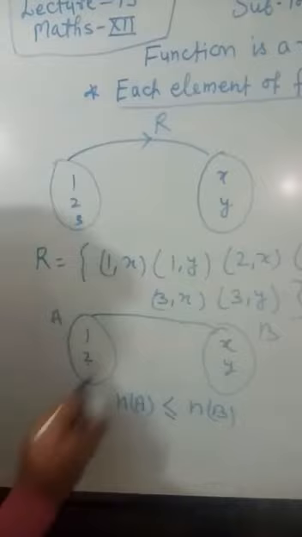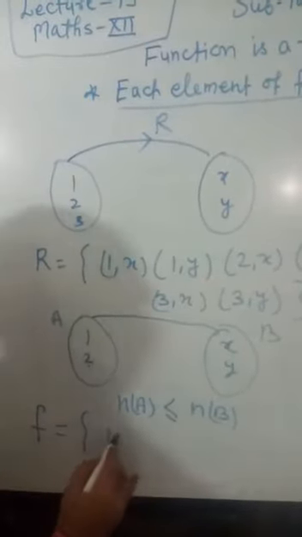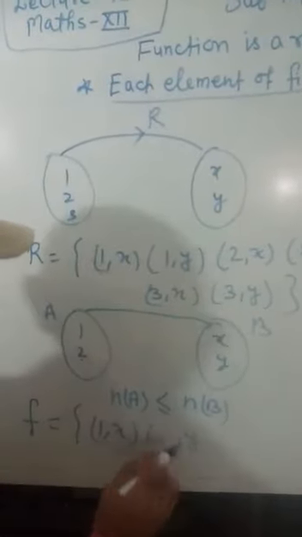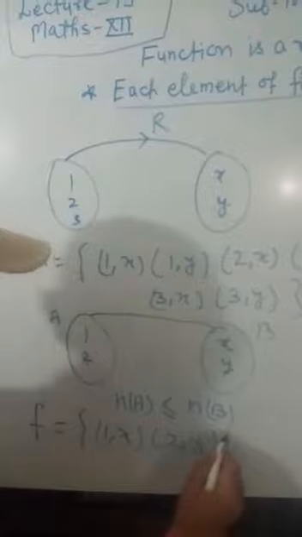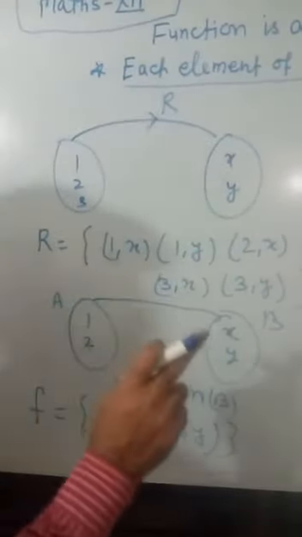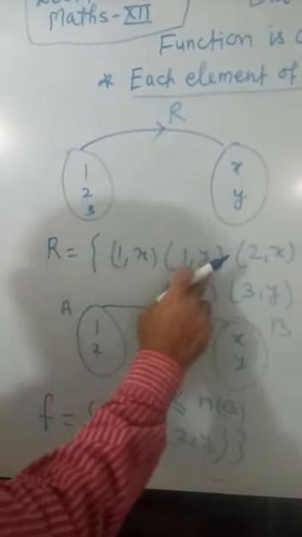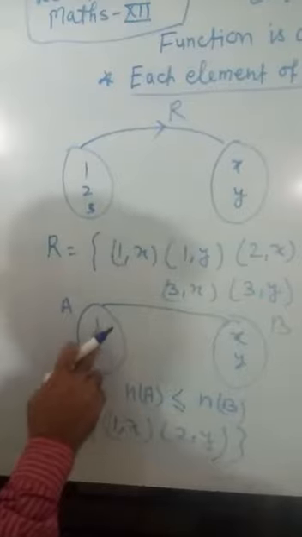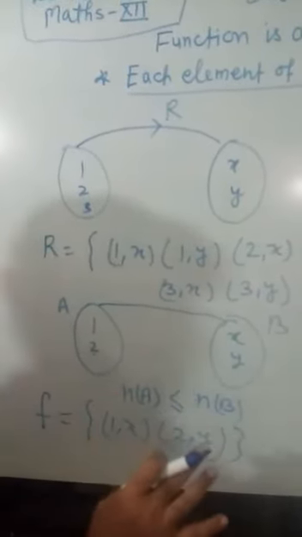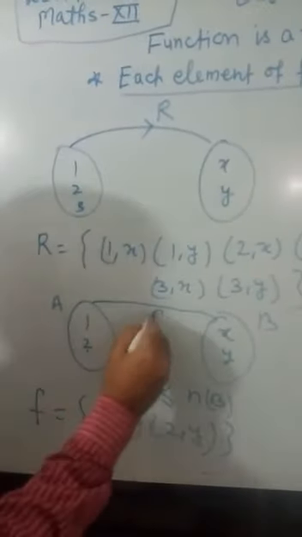So you see here, to find the function f: 1x, 2y, that is a function. One has only one image. Here, one has two images, but in a function one has only one image. Two has only one image. So this is the difference between relation and function.